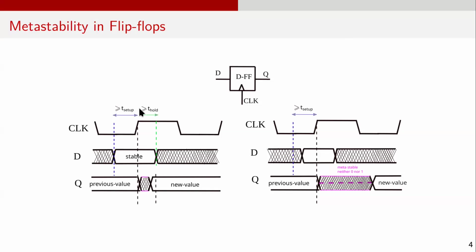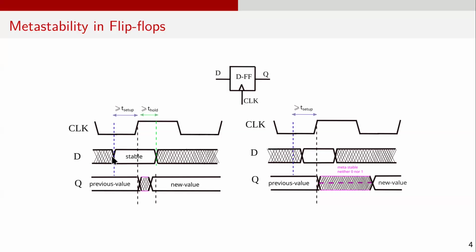For the setup and hold time, the key point to understand is that for correct circuit operation, the data launched by the source flip-flop must remain stable without changing during the setup and the hold time window of the destination flip-flop. This figure shows the data input, clock input, and the output Q of the destination flip-flop.